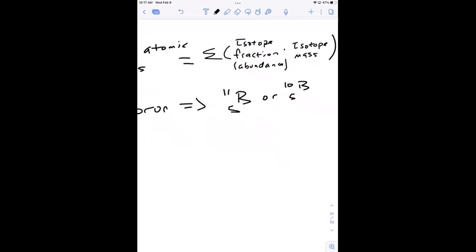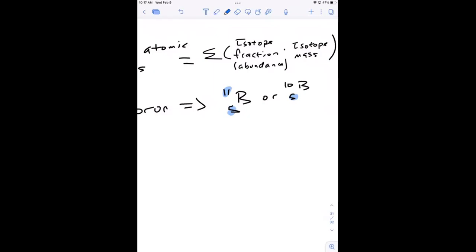Now, let me ask this question based on something we talked about on Monday. If it's B11 and the atomic number is 5 and the atomic mass is 11, how many neutrons does it have in the nucleus? How do we determine that? Would it have 6 neutrons?